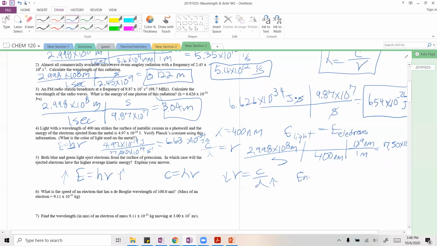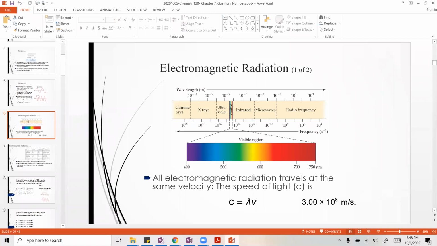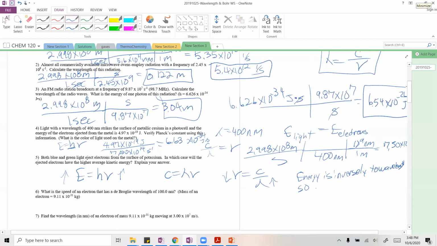So our energy is inversely related to wavelength. So our light with the longer wavelength will have our lowest energy. And so between blue and green, blue has a lower wavelength than green. So blue is a shorter wavelength, and therefore has more energy than green light.